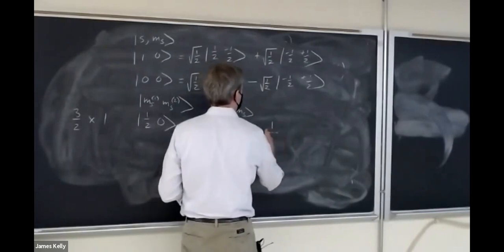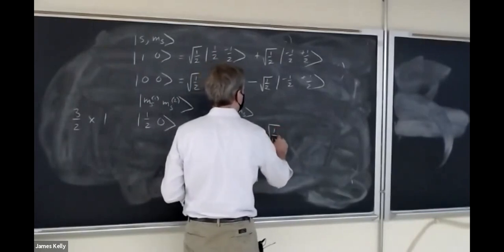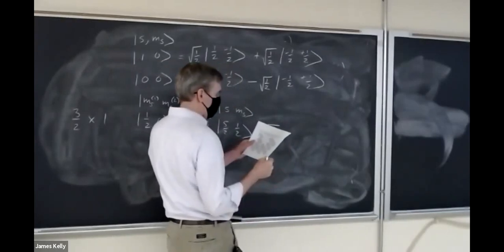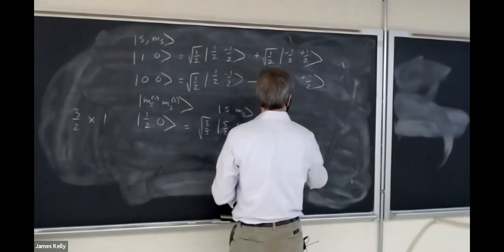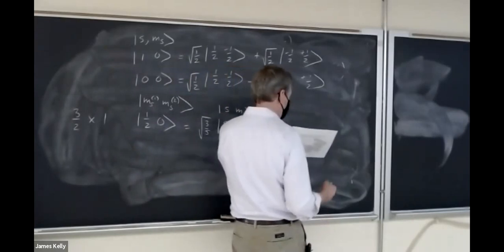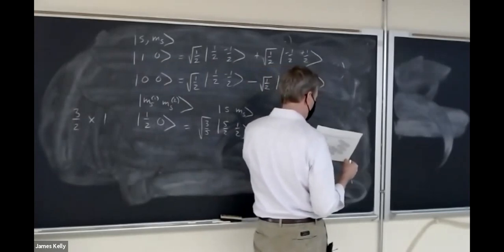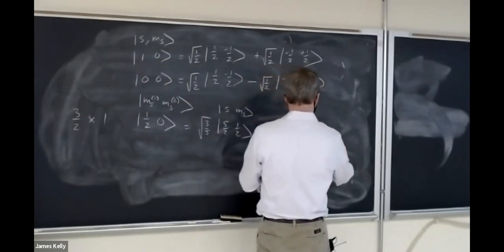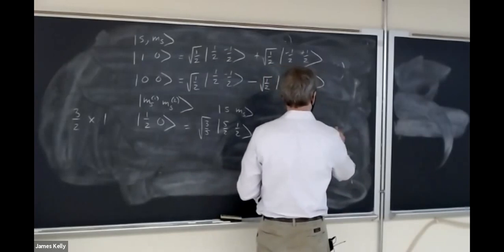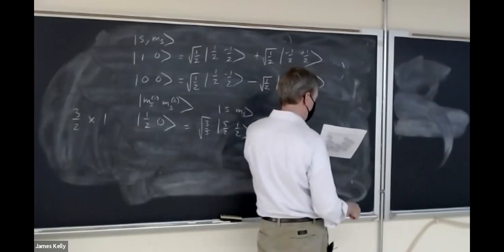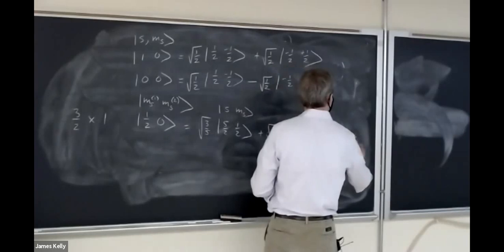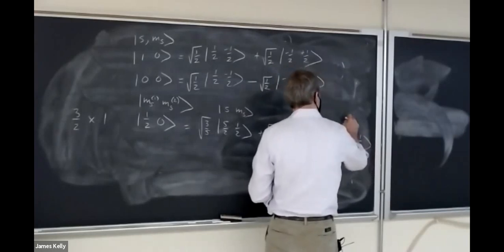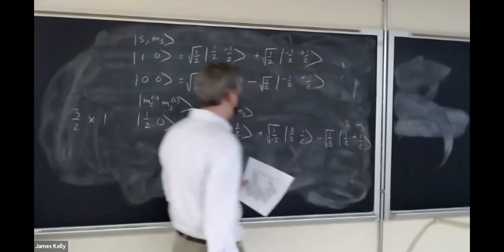Plus √1/15 times 3/2 1/2, plus, again, minus in this case, minus √1/3 of 1/2 plus 1/2. Okay, again, that's an S M sub S state that's being written there.